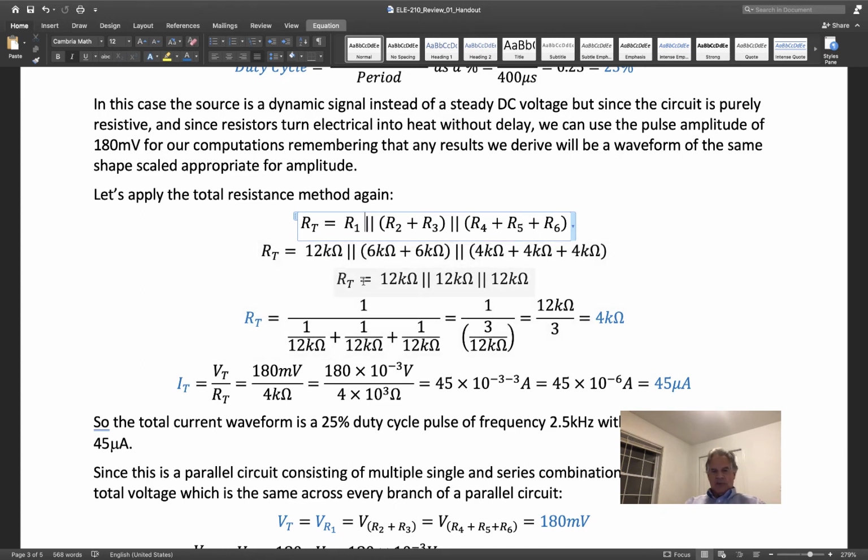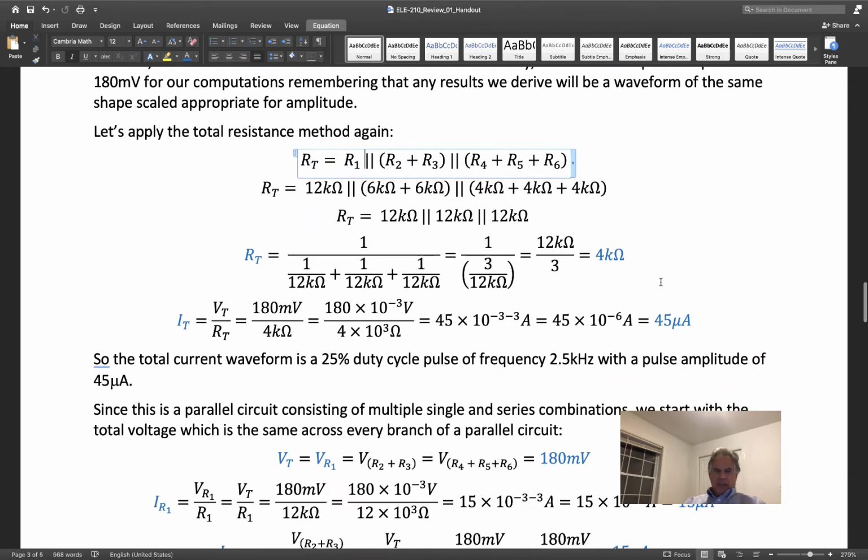So our total is equal to 12K in parallel with 12K in parallel with 12K, and we use the general formula, 1 over 12K plus 1 over 12K plus 1 over 12K. Now these all have the same denominator, so you can add them up. That's like 1 over the quantity 3 over 12K. Well, 1 over anything in a fraction, you can just invert the numerator and denominator.